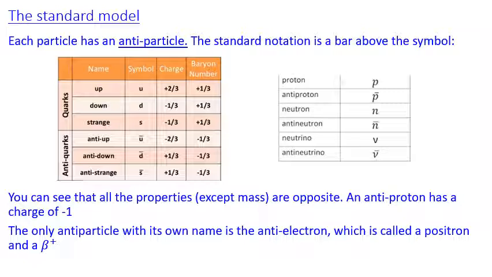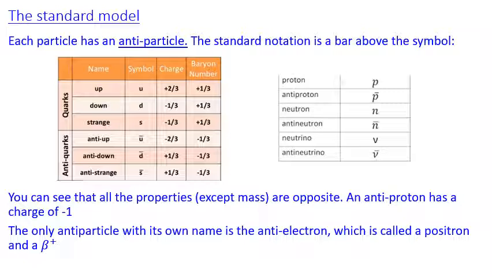Now you'll notice that I've added a new property here, baryon number. I'd prefer this to be called baryonness because it's a property like charge, but it's assigned a number, often called a quantum number. And all the quarks have +1/3, which means all the antiquarks have -1/3. But we're not limiting our antiparticles just to the fundamentals.